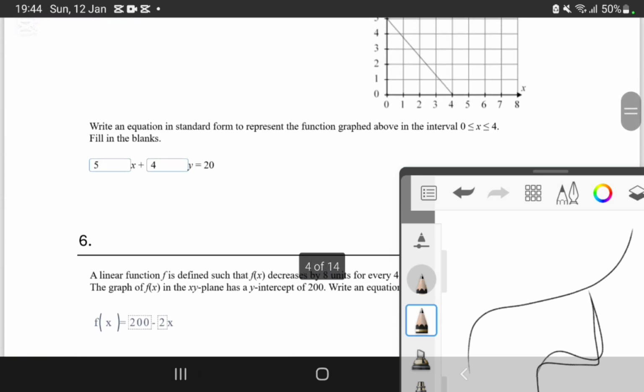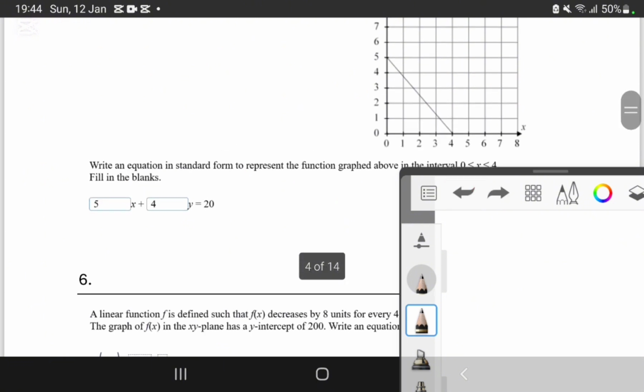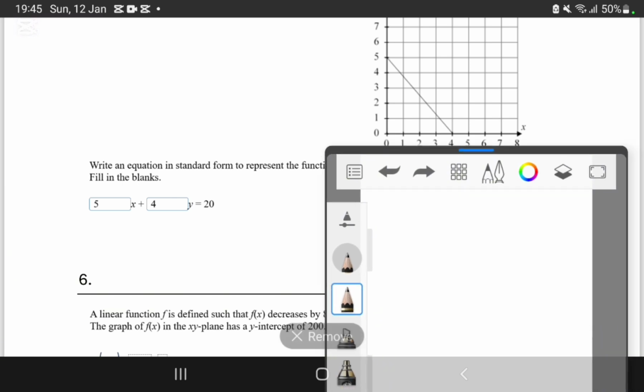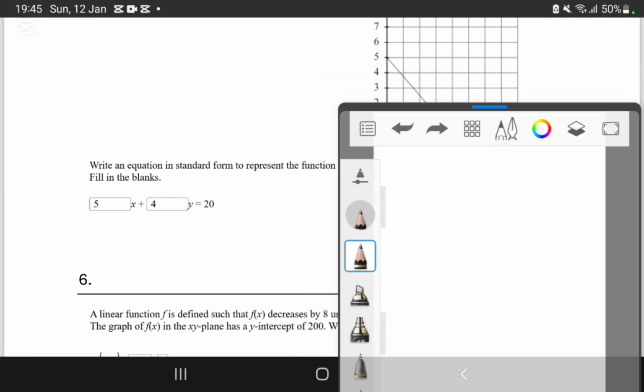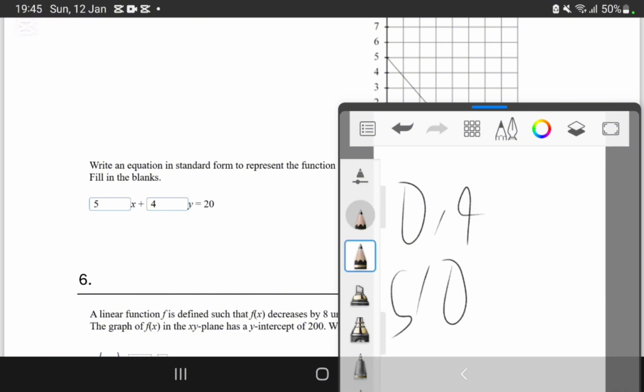Number 5. So now we need to find the slope of this line. First of all, to find the slope, we need to get 2 points, which in this case will be 0, 4, and 5, 0. Then we'll get the slope to be negative 4 over 5.